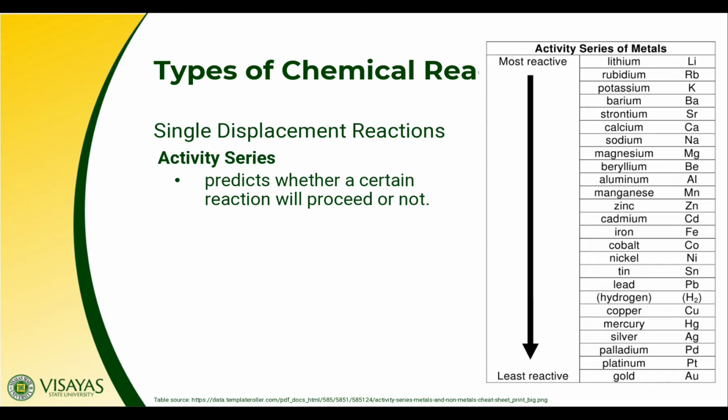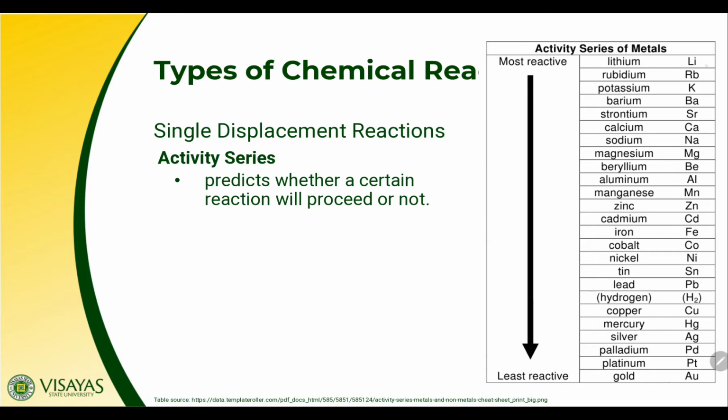Those metals or elements on the top can displace those elements or metals on the bottom or below them, okay? So a reaction only occurs when the element or the metal in the separate substance is on the top of the series, because they are the ones which can displace those below them, okay? So that is how we use the activity series of metals.